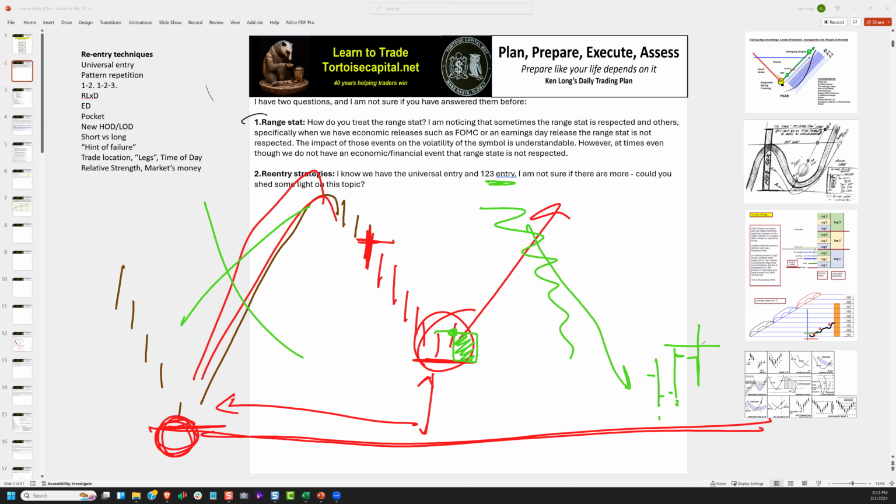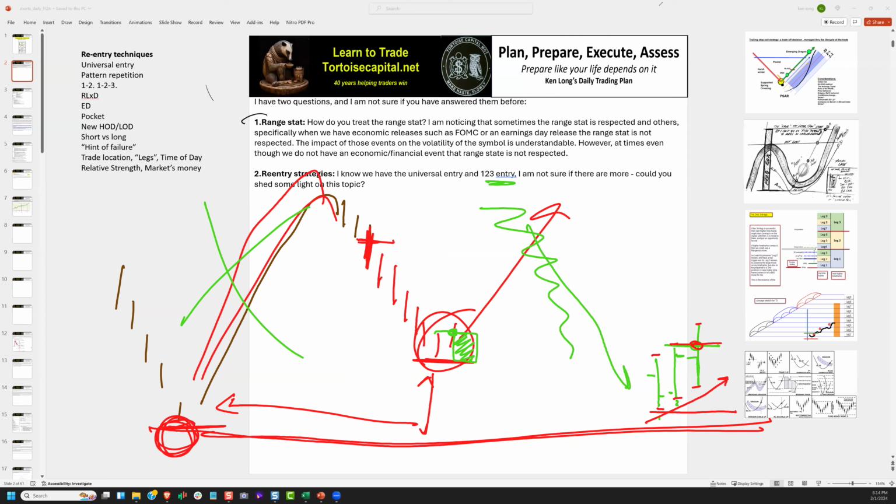As soon as it breaks above that, there's my entry. Because I have evidence of higher lows, and I have some evidence of higher highs. That is enough to get me in right there. And my stop is here.